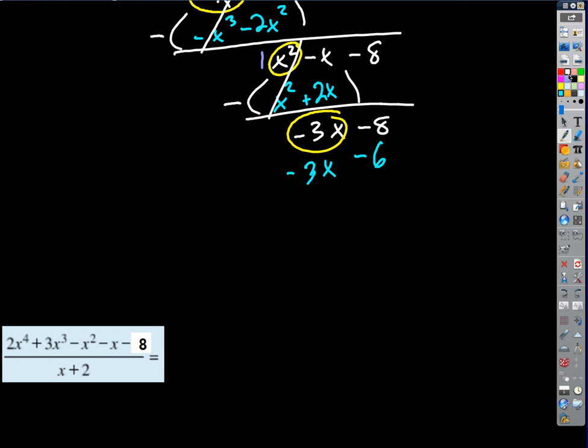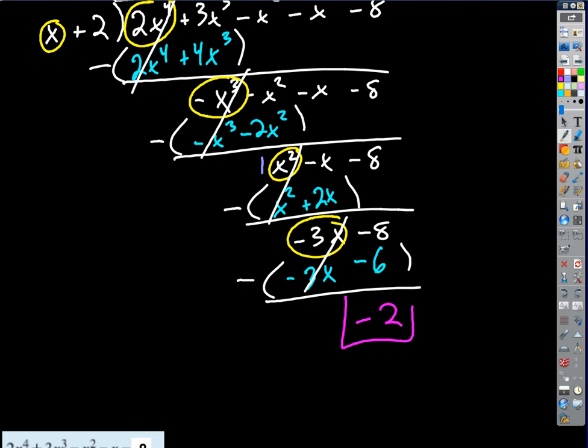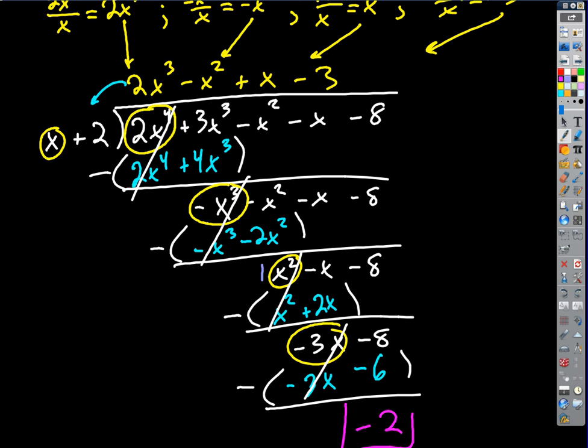And we're going to subtract the whole thing. Well, notice that the 3x's cancel. So I get -8 minus -6 gives me -2. Well, that's my remainder then, right? Okay, so how do we interpret this? So what's our quotient equal to? Well, we've got the polynomial part, which is right here.